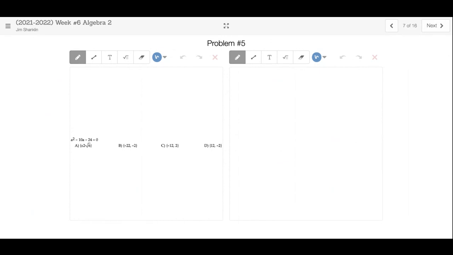So what are the other two methods that we have this week? Well, we could use the quadratic formula. That would work. Or we could use completing the square. Makes no difference which way you do it. I am going to work the problem out both ways. I'm going to do it completing the square. I'm going to do it using the quadratic formula.